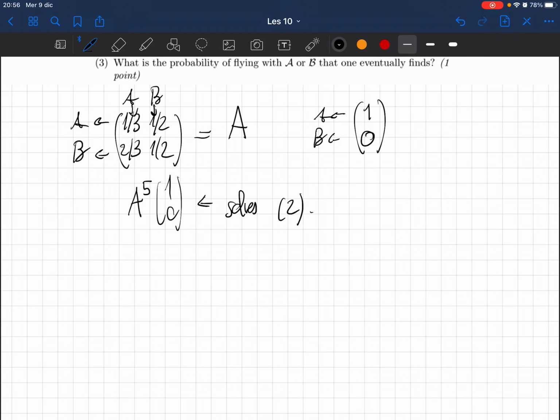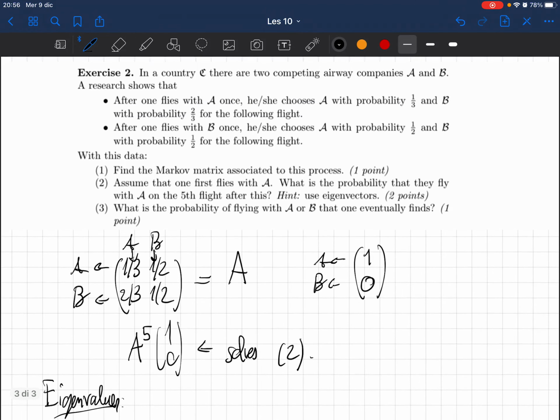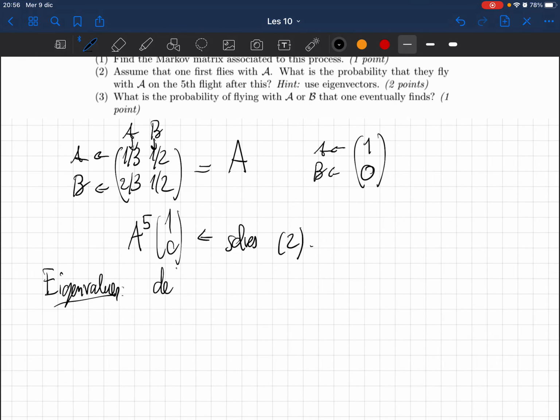But let's just do this. So we find eigenvalues. We have to compute the determinant of A minus lambda times the identity. Sorry, this is going to be just a few computations.